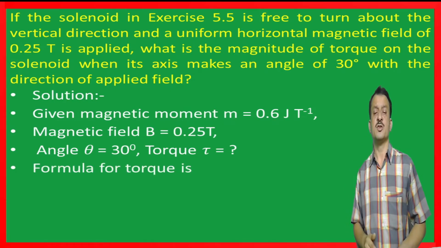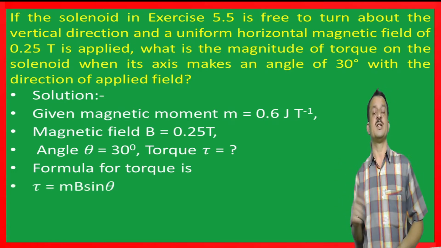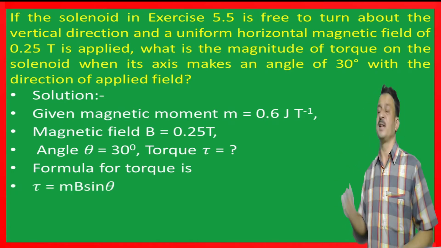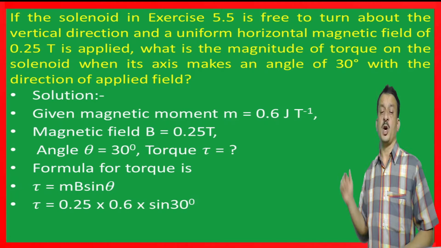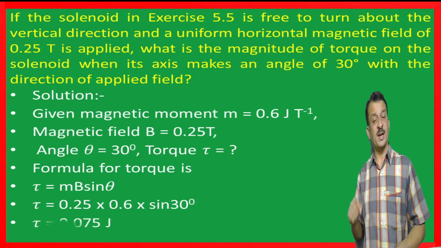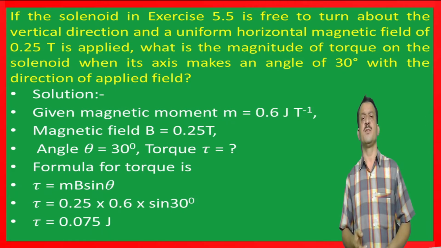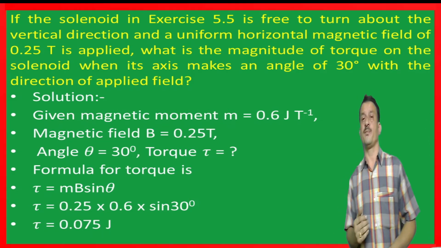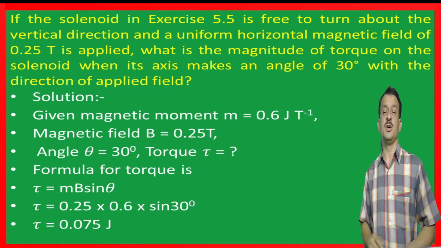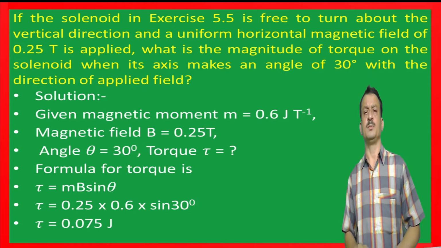Substituting the values of m and B, m is 0.6 and B is 0.25, and sin 30. What is sin 30? It is half. So if you work out, we will get 0.075 joules torque. One more unit for torque is Newton meter. Another unit is also joules. Okay, so 0.075 joules. Next problem.